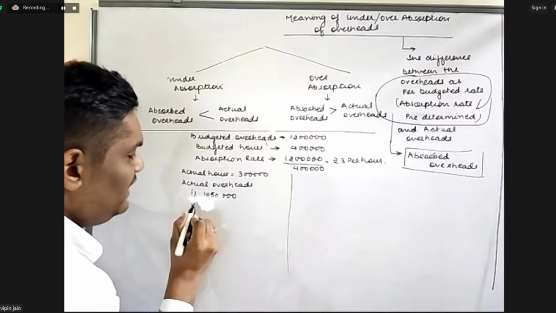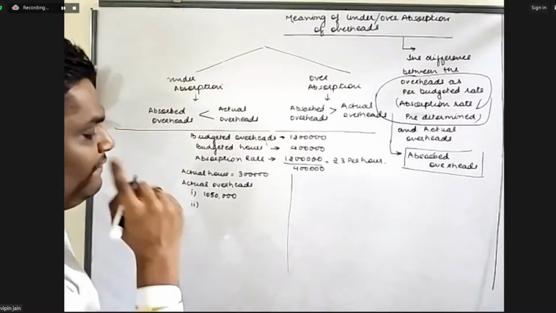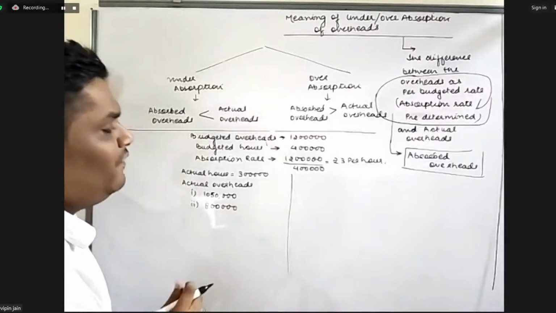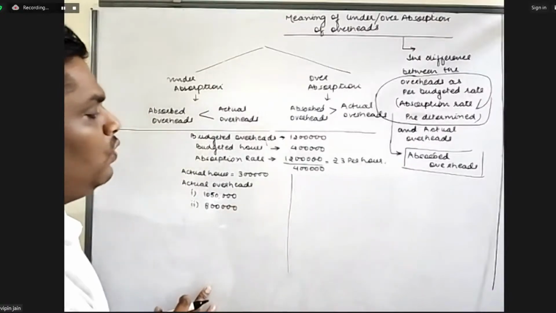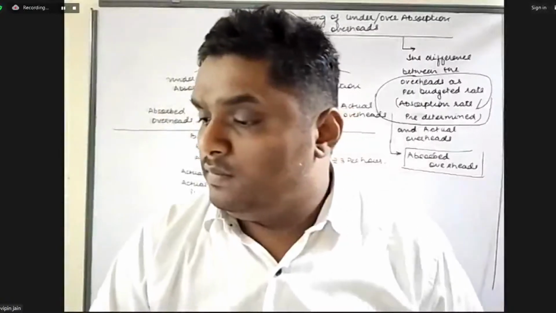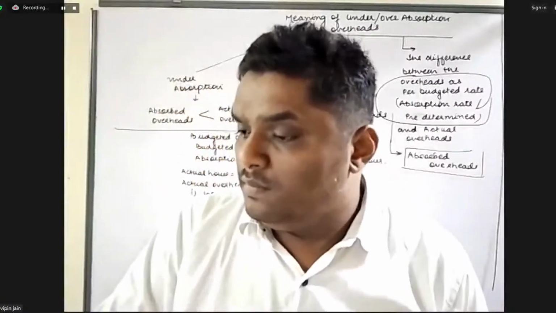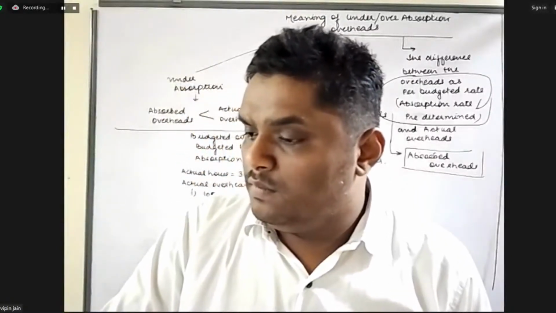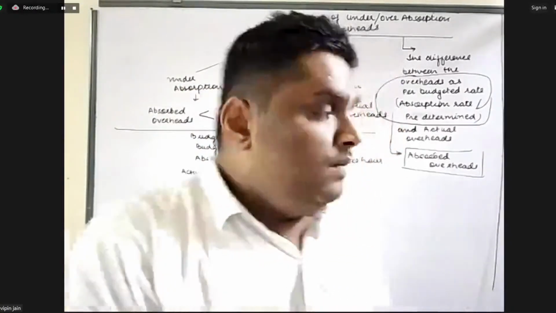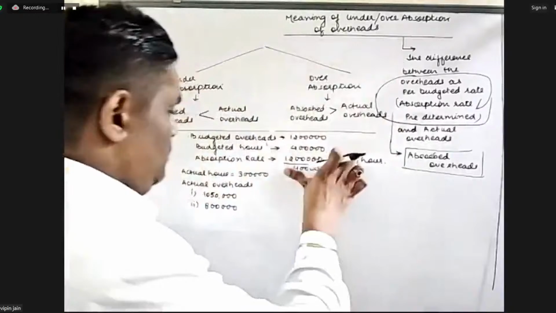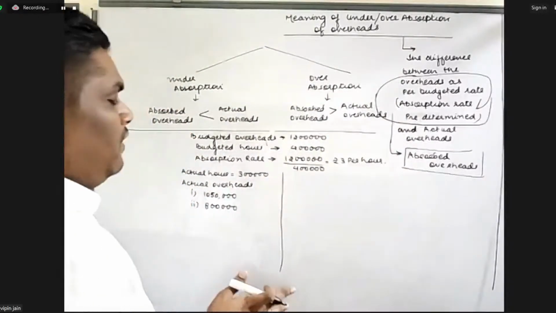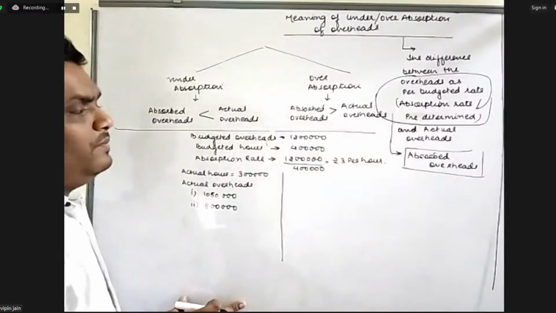And in the second situation, what if the actual overheads are 8 lakh? Now we have to calculate under or over absorption of overhead.